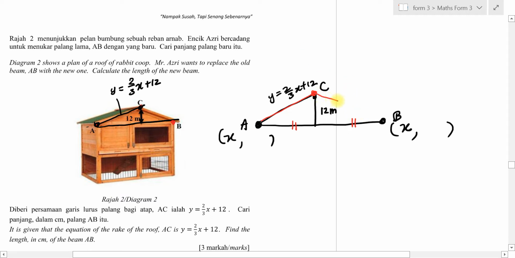What are the other ideas that we can develop here? This must be a midpoint. From here to here they tell you it is 12, so the difference is 12 here, and no other information is given.